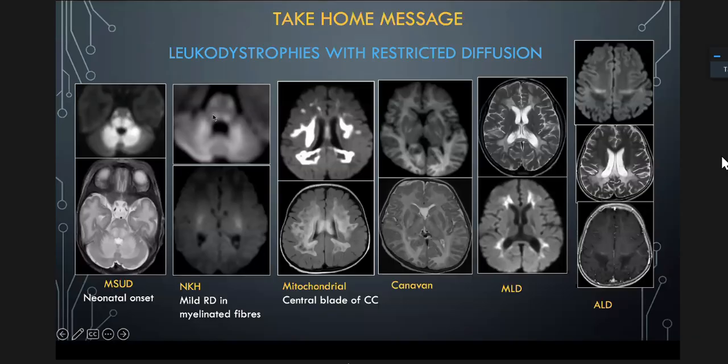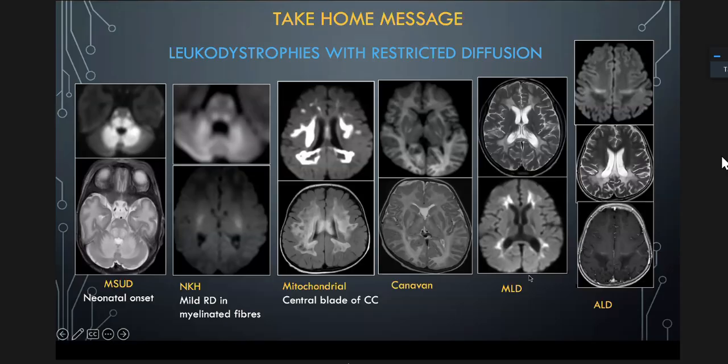Here there will again be involvement of the brainstem as well as corticospinal tracts, but the restricted diffusion will be much milder as compared to MSUD. Then mitochondrial, as we saw before, confluent leukodystrophy. Canavan's can have these patchy areas of restricted diffusion. MLD, metachromatic leukodystrophy, can sometimes cause restricted diffusion.